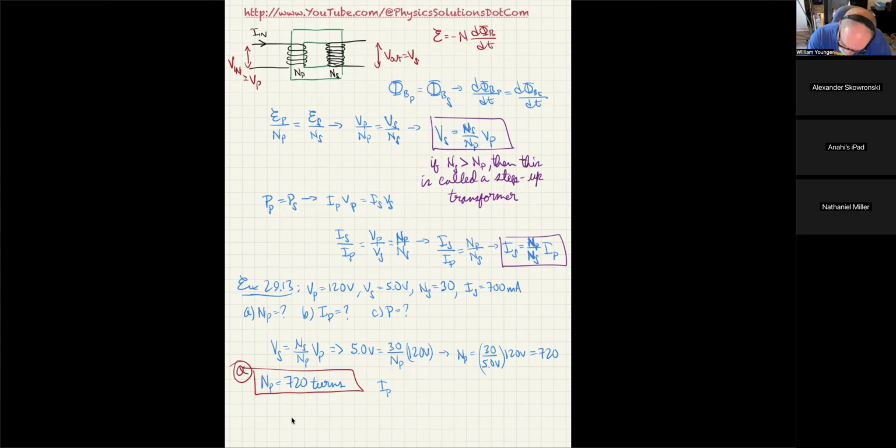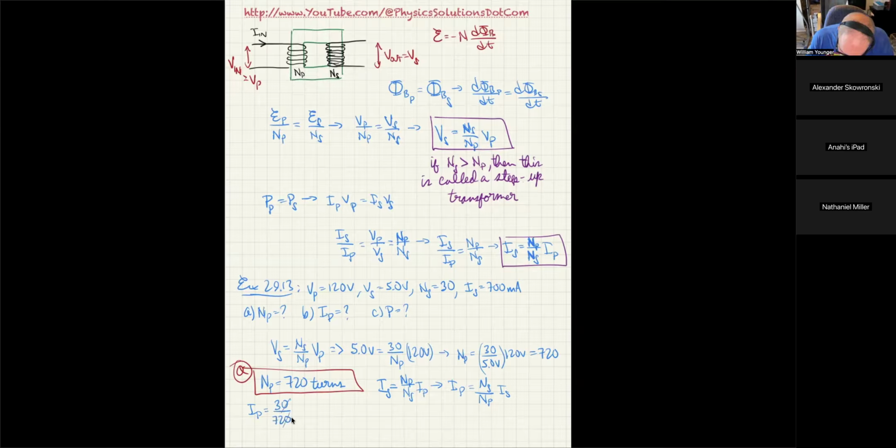The equation that I gave you was I secondary is equal to N primary over N secondary times I primary, but we want I primary, so I primary is going to be N secondary over N primary times I secondary. So I primary should be equal to N secondary, which is 30, divided by N primary, which is 720.